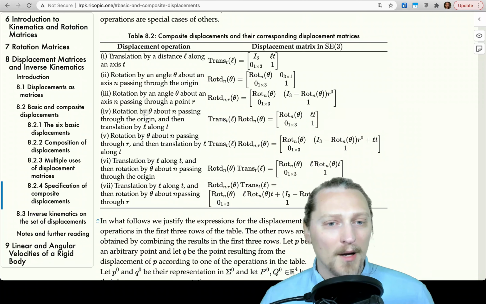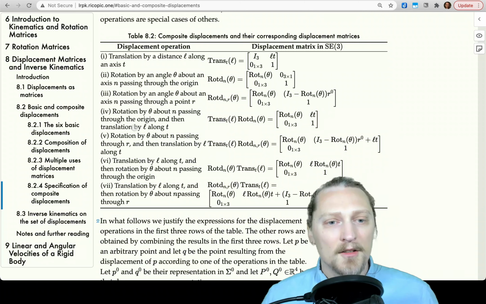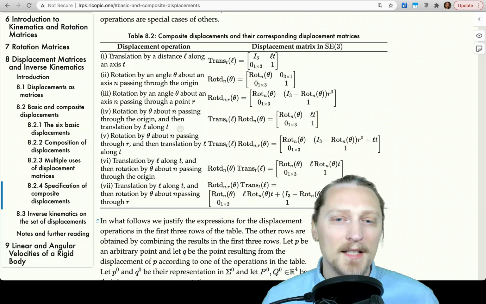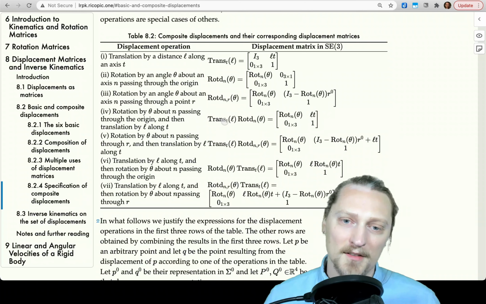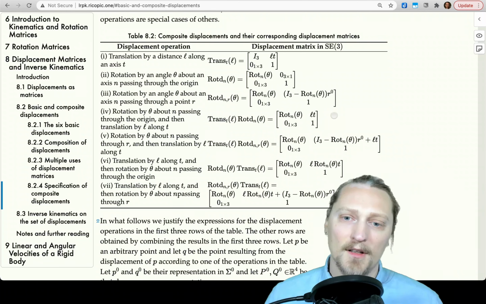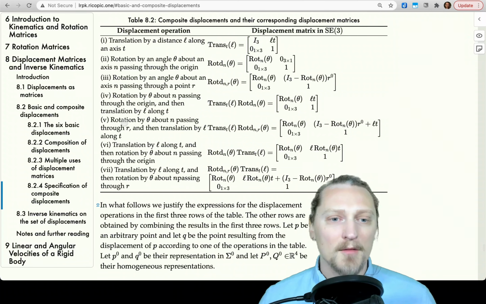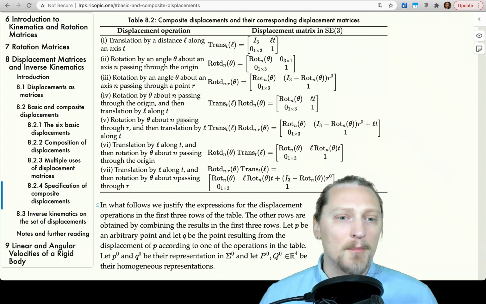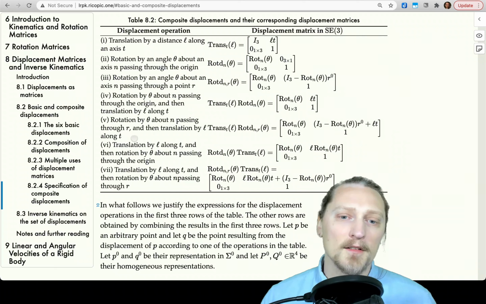4, rotation by theta about n passing through the origin, and then translation by L along T. So rotation about n, translation in the T direction. So this is the matrix. Rotation by theta about n passing through r, and then translation by L along t.